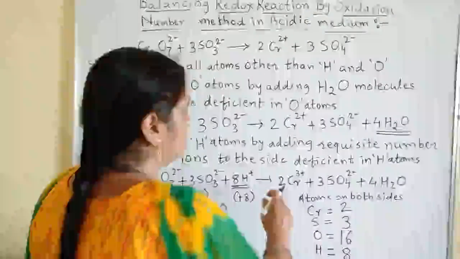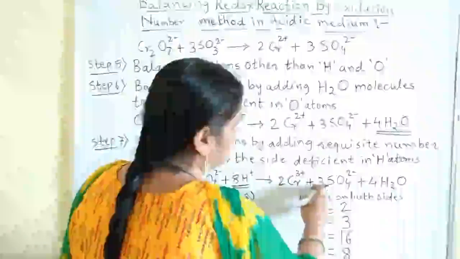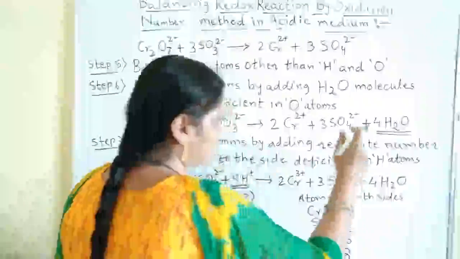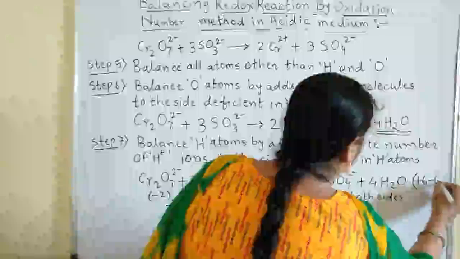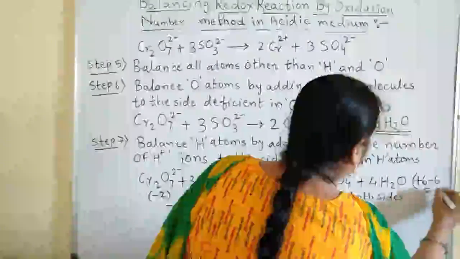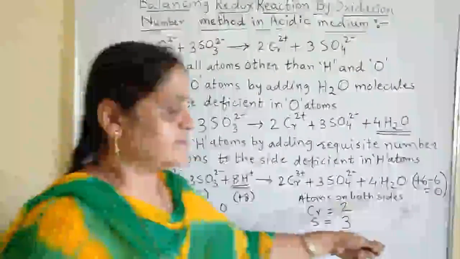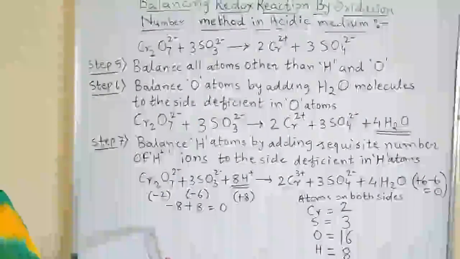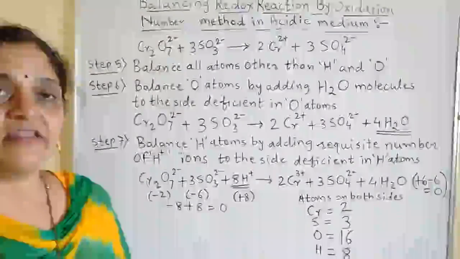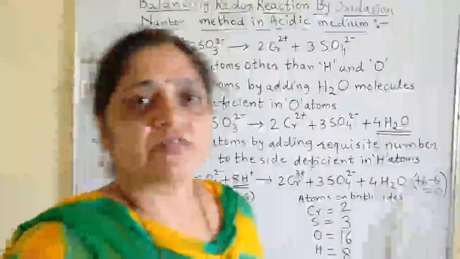Now for the right hand side, 2 into 3, so plus 6, and 3 into minus 2, minus 6. So plus 6 and minus 6 is equal to 0. So the charge on the right hand side is also 0. So this ionic equation is now a completely balanced redox equation.